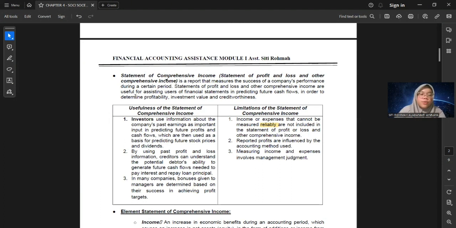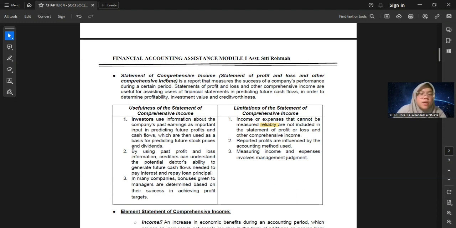Here are also the usefulness and limitations of the statement of comprehensive income. The usefulness first is for investors. Investors use information about companies' past earnings as important input in predicting future profits, of course, and cash flow, which are then used as a basis for predicting future stock prices and dividends.